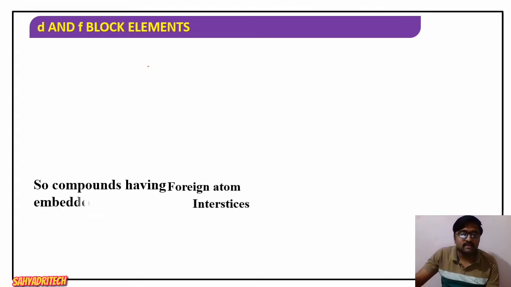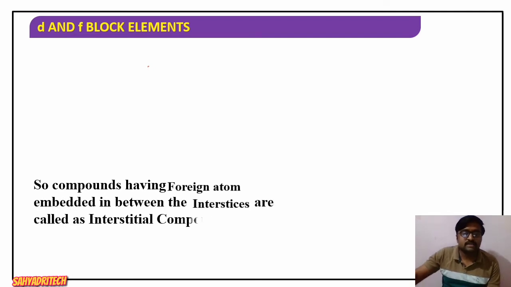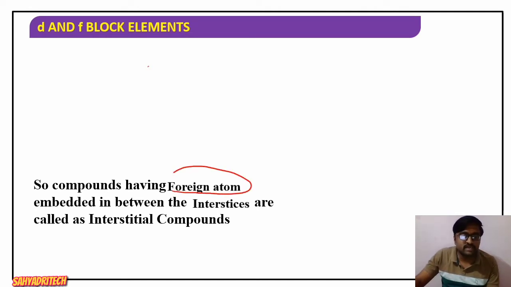In some compounds, in other words, the compounds having foreign atoms, where these foreign atoms, or impure particles, are embedded in between the interstices, such compounds are called interstitial compounds.